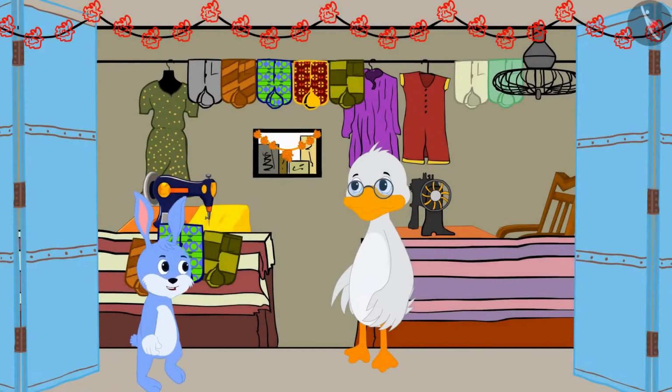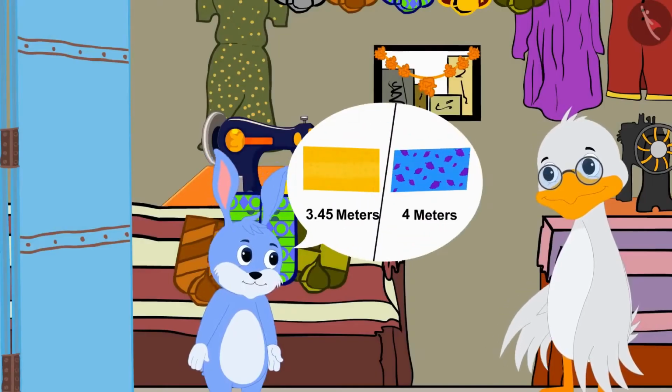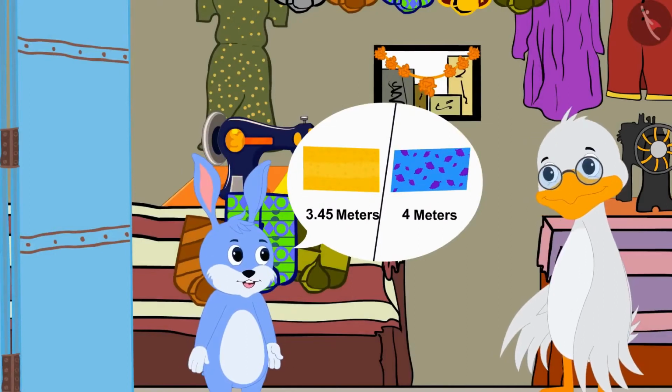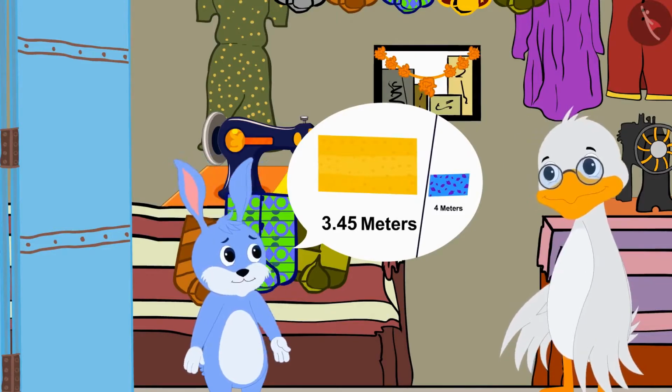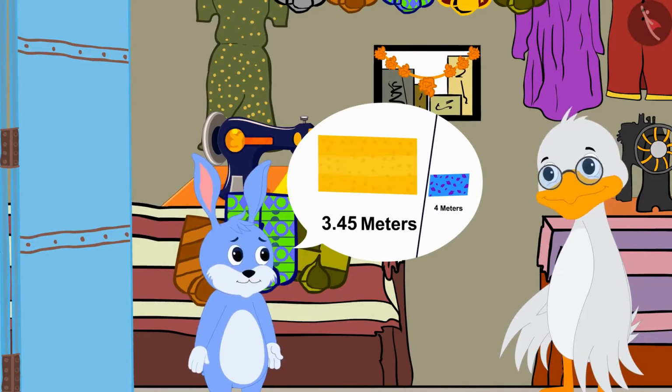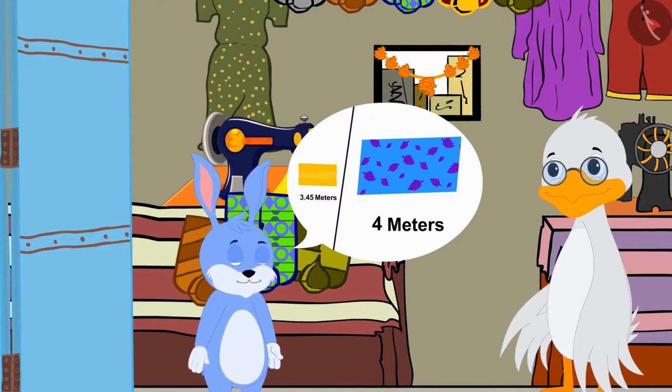Bunny has come to Uncle's shop to buy cloth to stitch his quilts. He wants to sell quilts of 2 different lengths. The yellow quilt would be 3.45 meters long and the blue quilt would be 4 meters long.